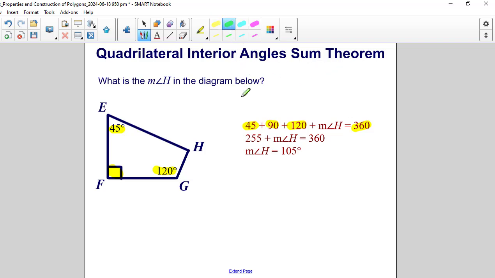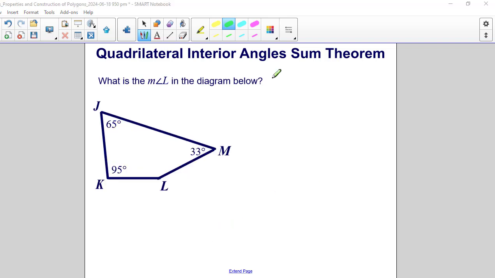Next, we combine 45 plus 90 plus 120 to get 255. So 255 plus the measure of angle H is equal to 360. Subtract 255 from 360, and we find out the measure of angle H is 105 degrees.